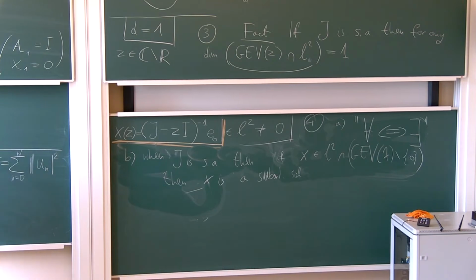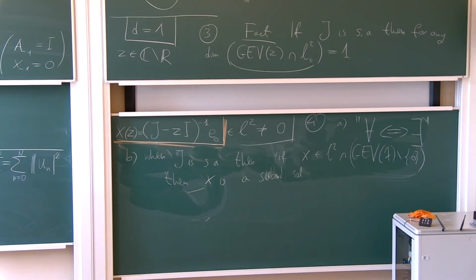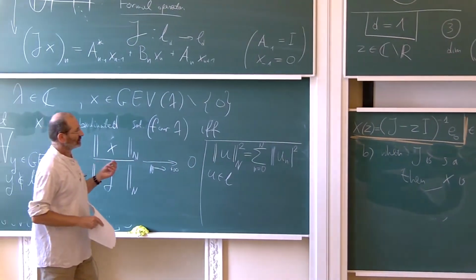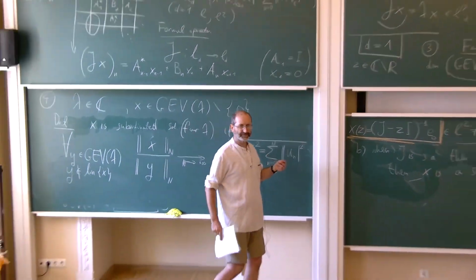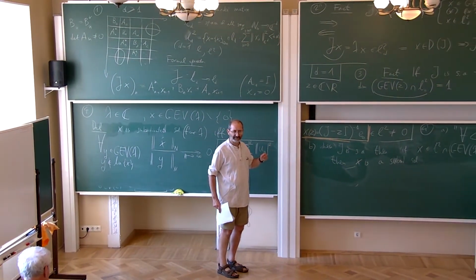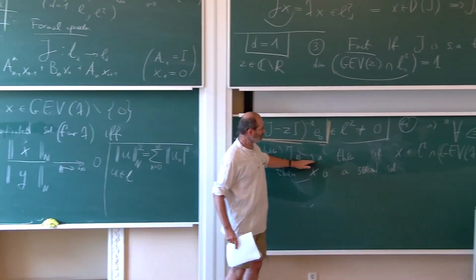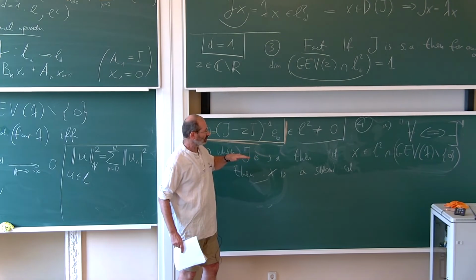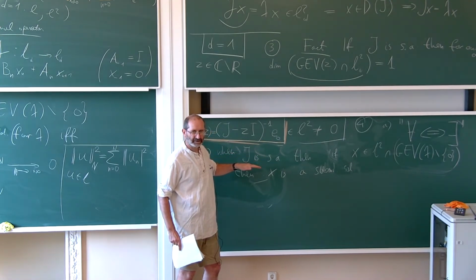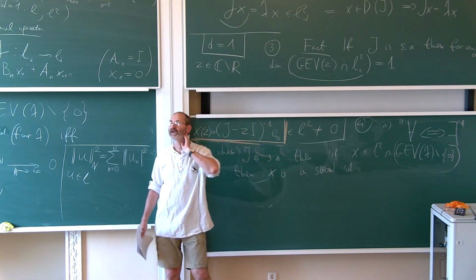Why is it true? Oh, it's true because we know that, up to linear dependence, there exists in the self-adjoint case maximally one. Maybe.